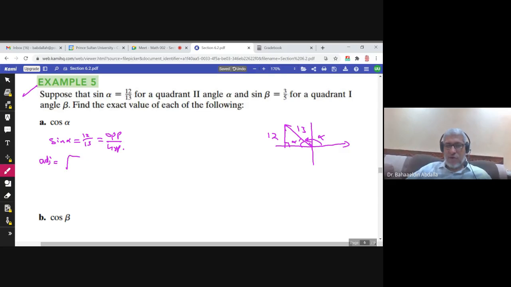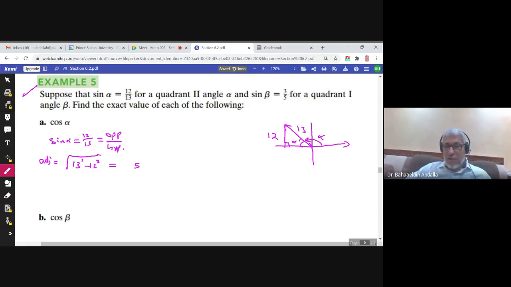Using the Pythagorean theorem, it is the square root of 13 squared minus 12 squared. Use the calculator: 169 minus 144, that is 25, square root of 25, which is 5.